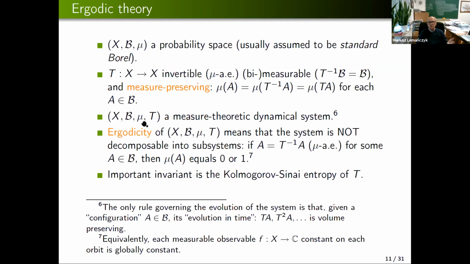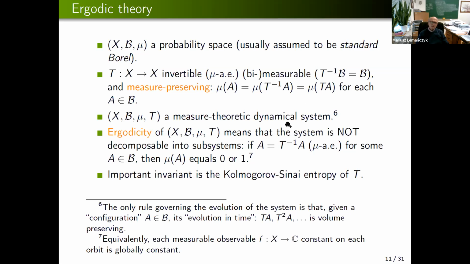So in other words, we take a subset A, and then we iterate this subset. Of course, after a certain time, probably it will be all over the space. But what we know for sure is that the volume of this dispersed set has not changed.